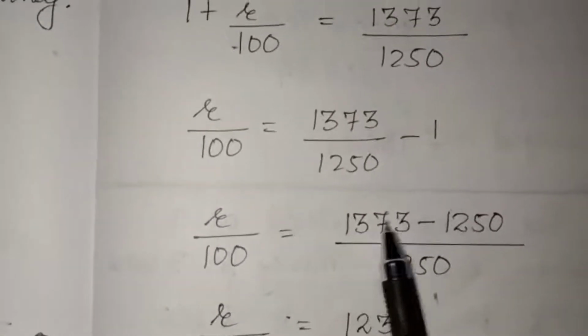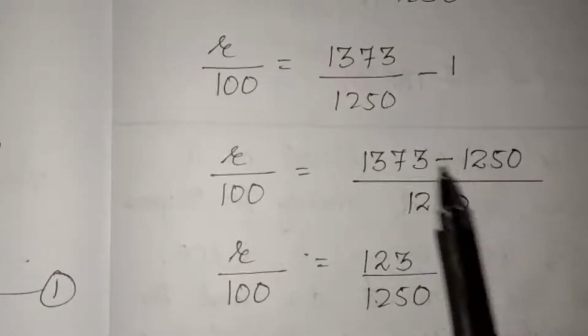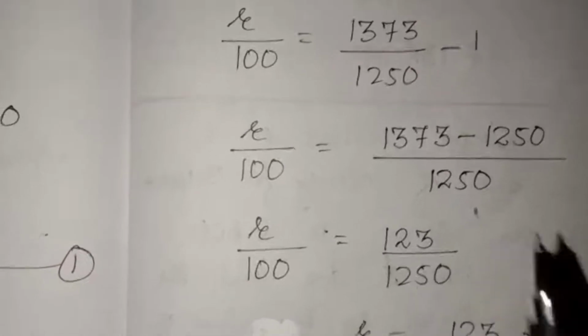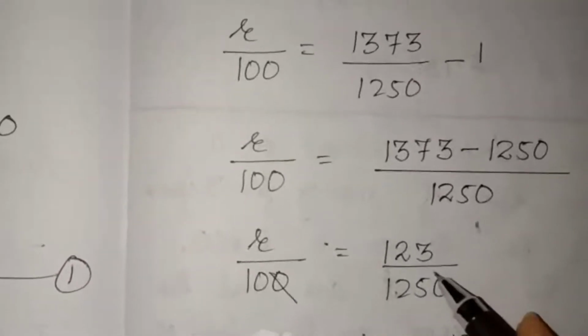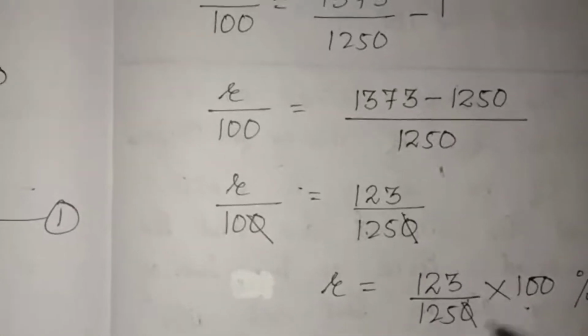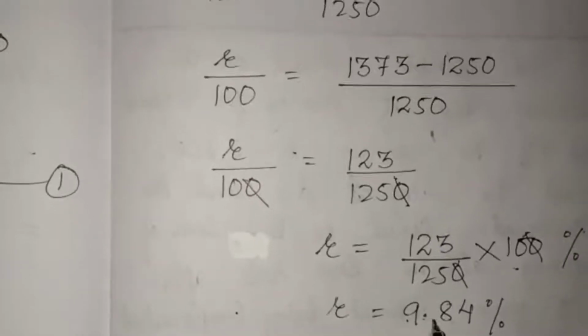You will get (1373 - 1250)/1250. On subtraction you will get 123/1250. Cancel the zeros, and on simplification you'll get 9.84%.